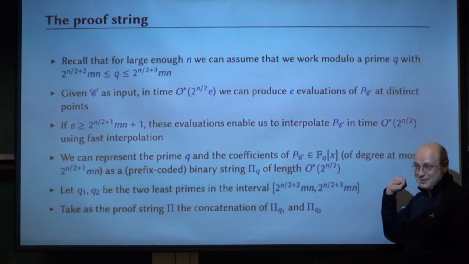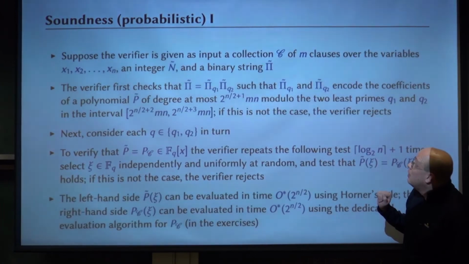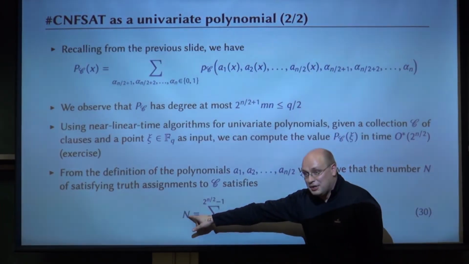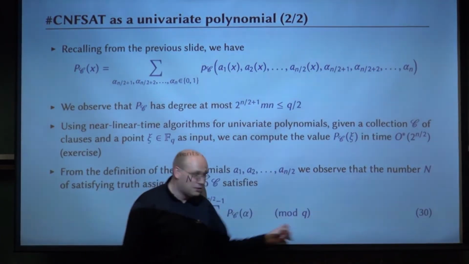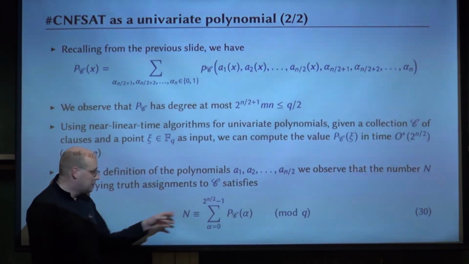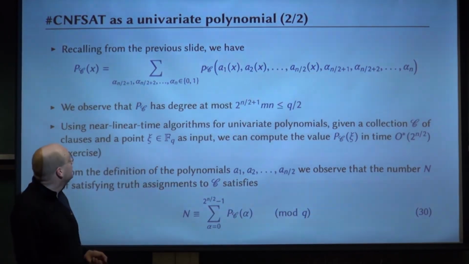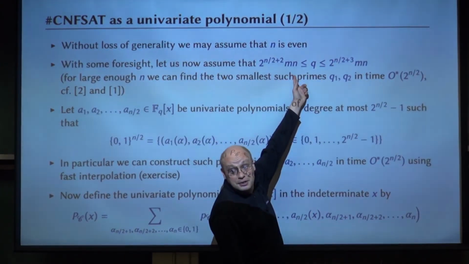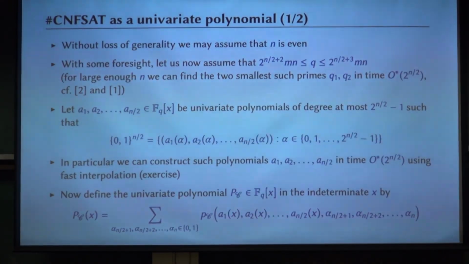Because remember, the formula may have 2 to the n satisfying assignments, and you only get the count modulo q. So to actually get the exact count, you need two primes in the interval. If I take this squared, it's at least 2 to the n. So it suffices. Okay, good questions.